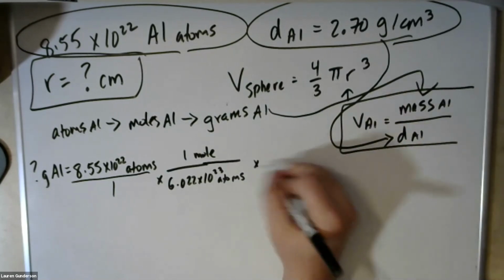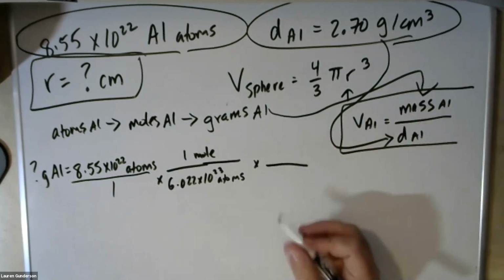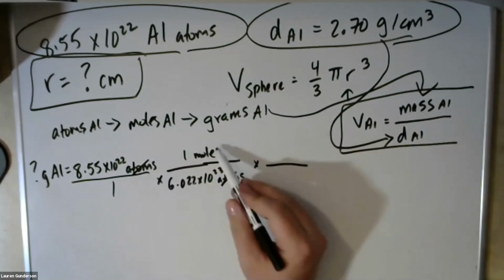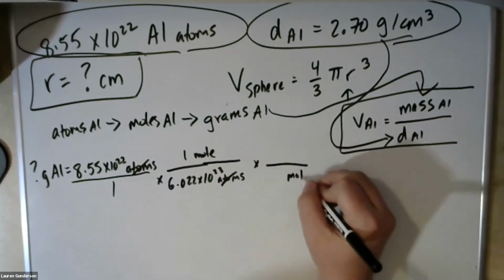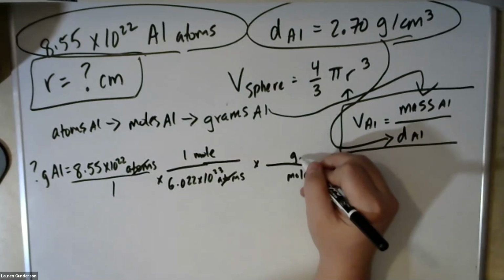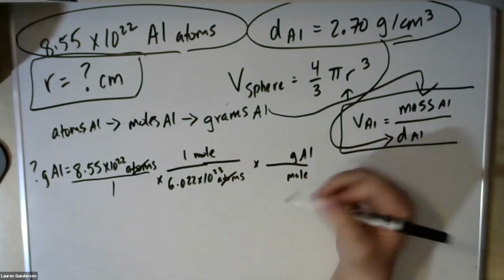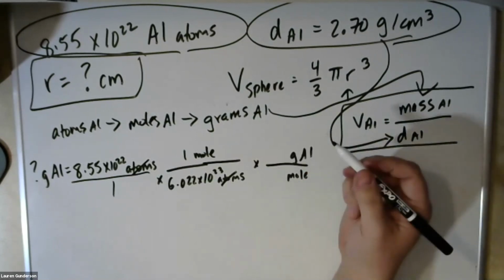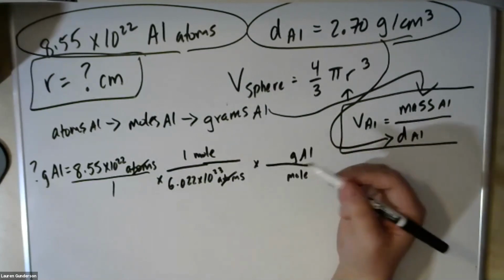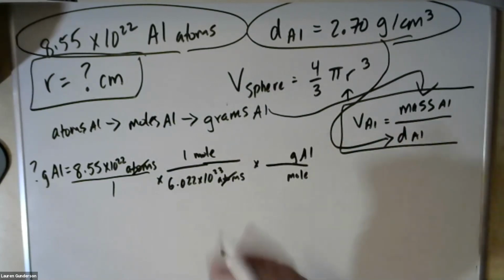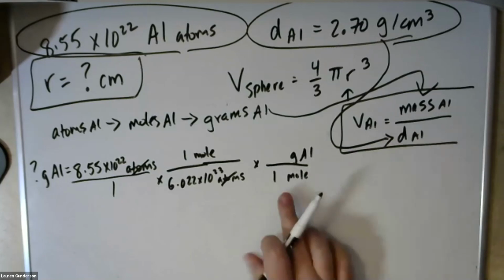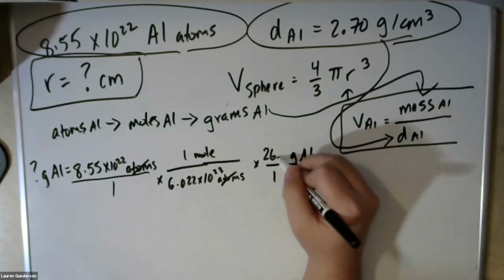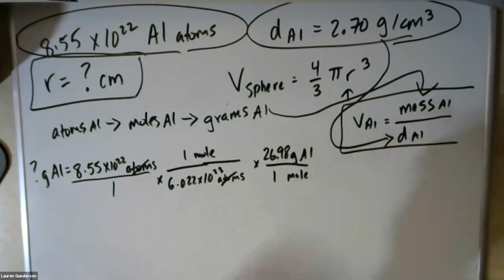Even when we go to the next step, when we're looking to convert moles of aluminum into grams of aluminum, we look at our molar mass, which for aluminum is 26.98 grams per mole. It's grams per 1 mole.